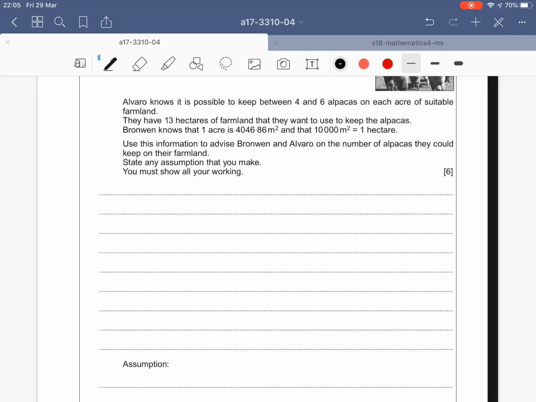So we know we've got 13, and we know that each one is 10,000. So if we do 13 times our 10,000 meters squared, that gives us 130,000 meters squared. We basically want to see how many acres we can get.